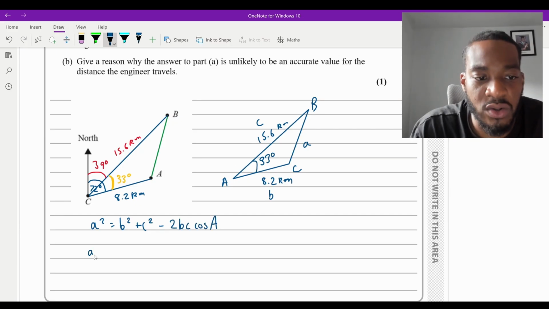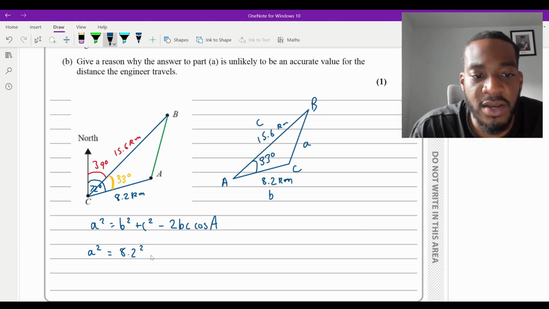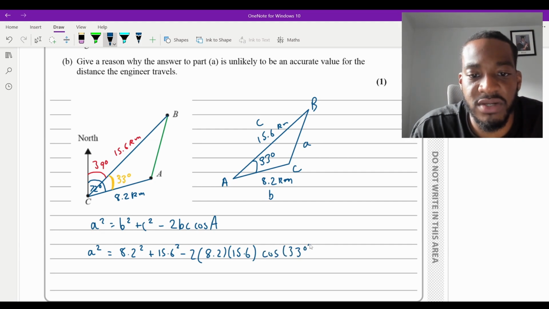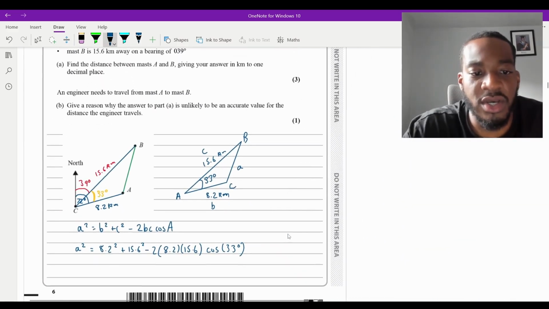Plugging in everything that we know, A squared is going to equal 8.2 squared plus 15.6 squared minus two lots of those same two sides, 8.2, 15.6, and then cosine of the angle, which is 33 degrees. So I'm going to put this in my calculator, square root, and that will give me A. So let me put this in.